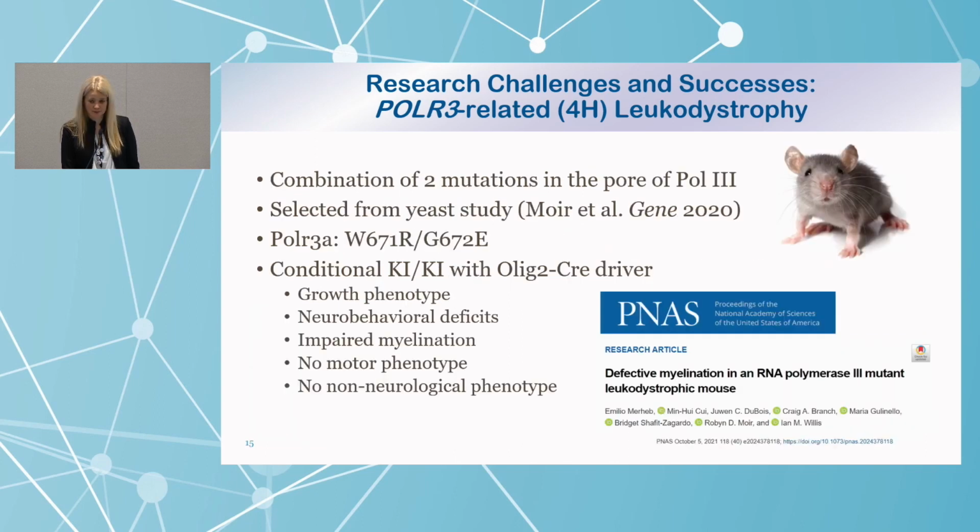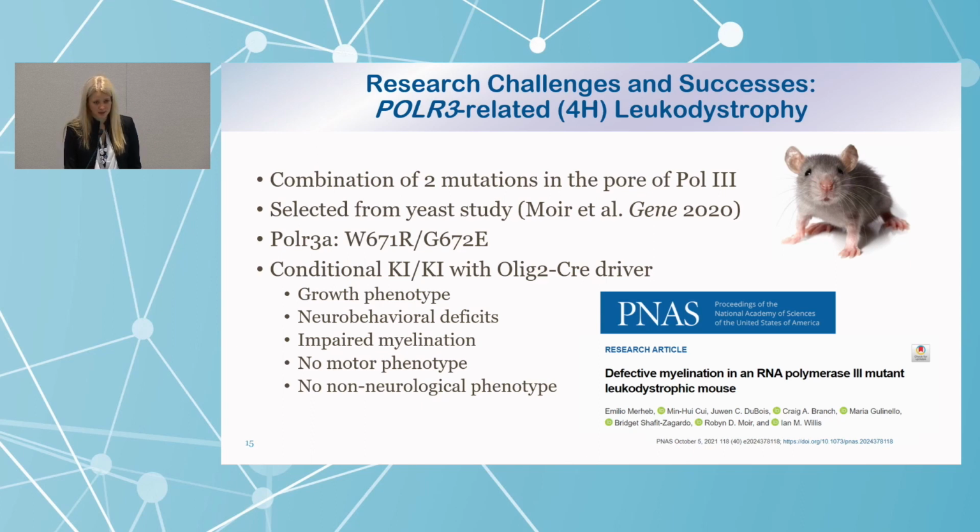But recently, Dr. Wilson's lab published a mouse model of Polr3a with two subsequent Polr3a mutations. This combination of mutations was chosen based on yeast studies. And this is the first animal model of the disease, which is very good news for the community. The mouse has a growth phenotype.